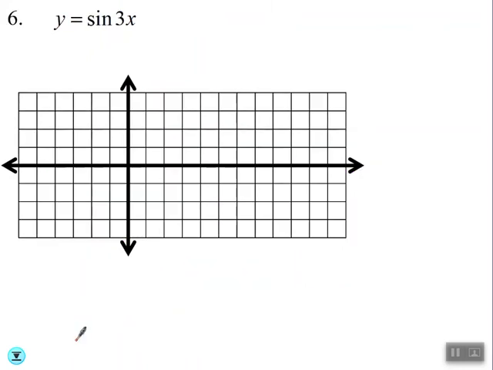Lastly, we have y equals sine of 3x. Our amplitude is 1. The period will be 2 pi divided by b, which is 3. And our quarter period will be 2 pi over 3 divided by 4.